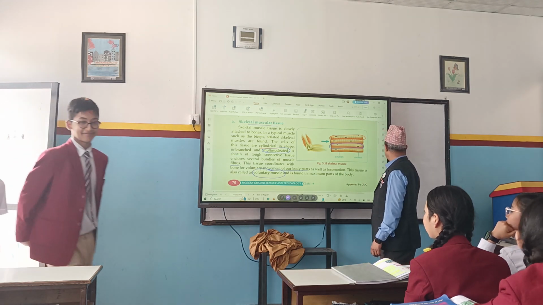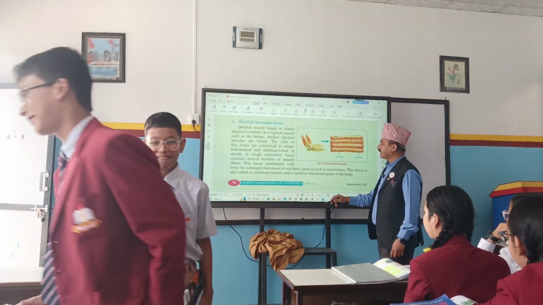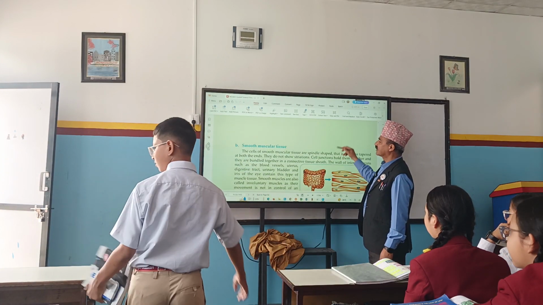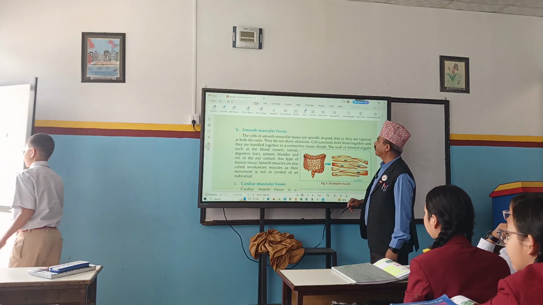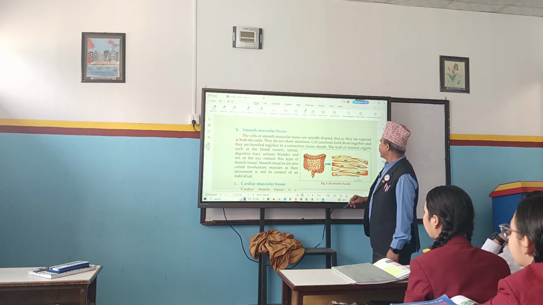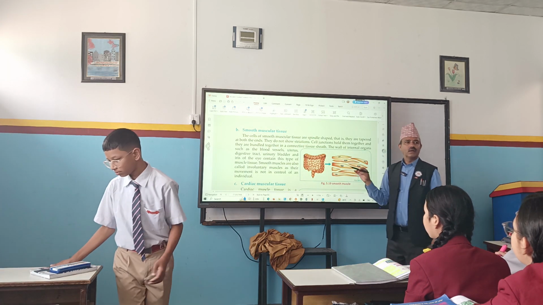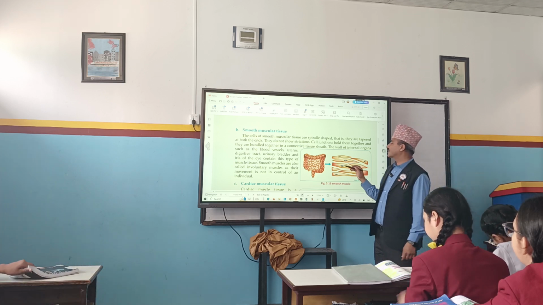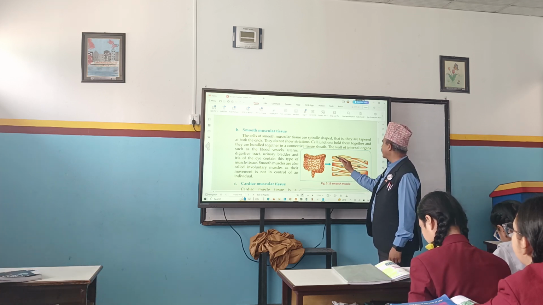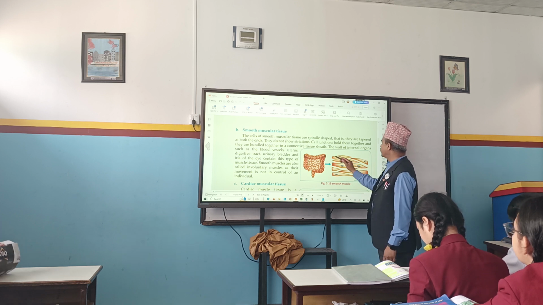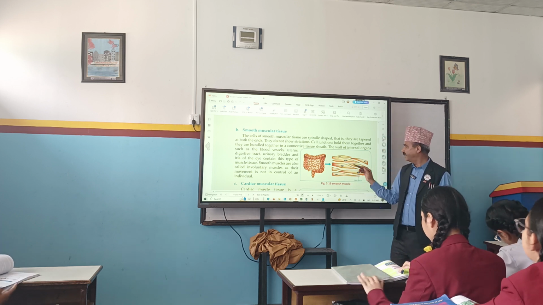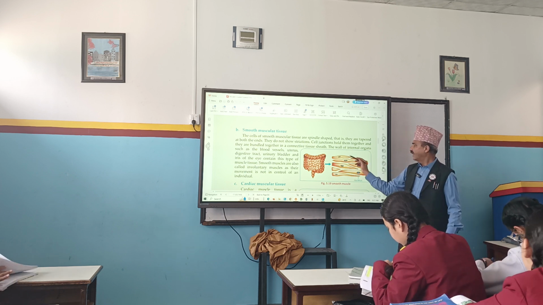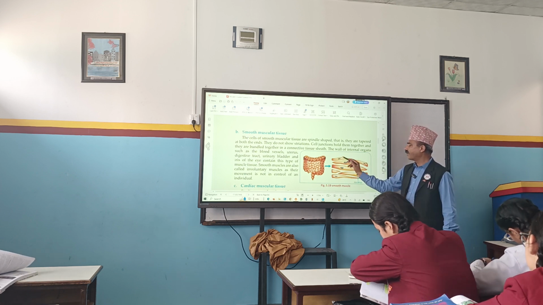Come inside. Now, next type of muscle. What is the second type of muscle? Smooth muscle. Skeletal muscles are cylindrical, but smooth muscles are spindle shaped. Spindle shape means both ends are nearly pointed, and the middle part is flat.